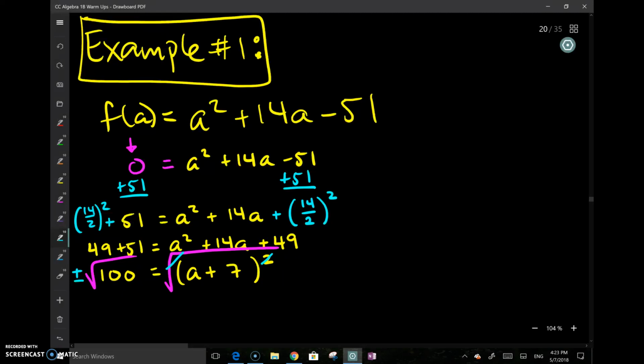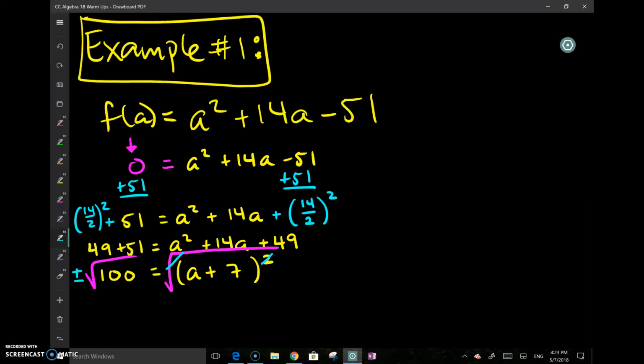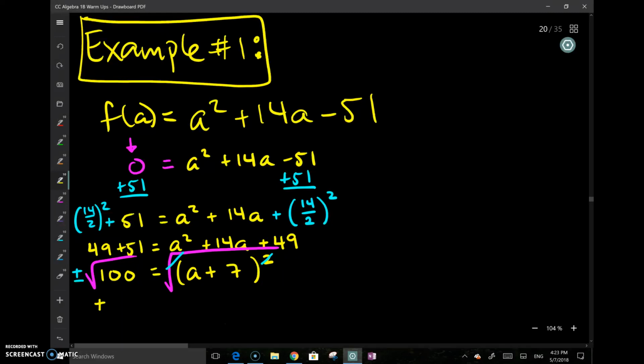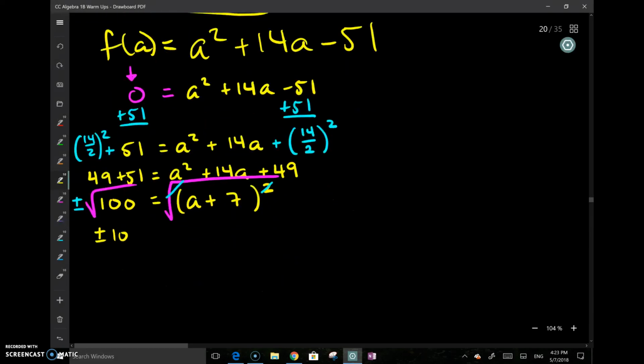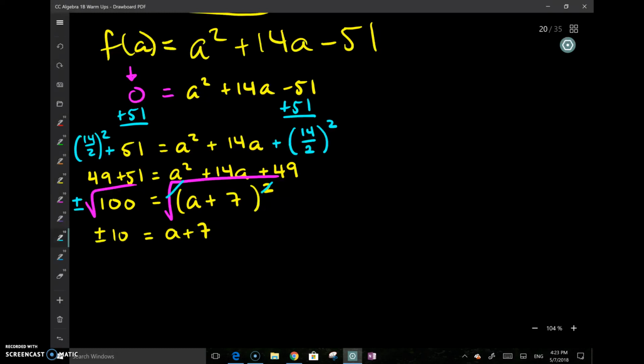Okay, that will represent that I have two possible answers. And the square root of 100 is 10. So now this becomes plus or minus 10 is equal to a plus 7. No parentheses needed. Now this 7 needs to go, so I'm going to subtract 7 on both sides.